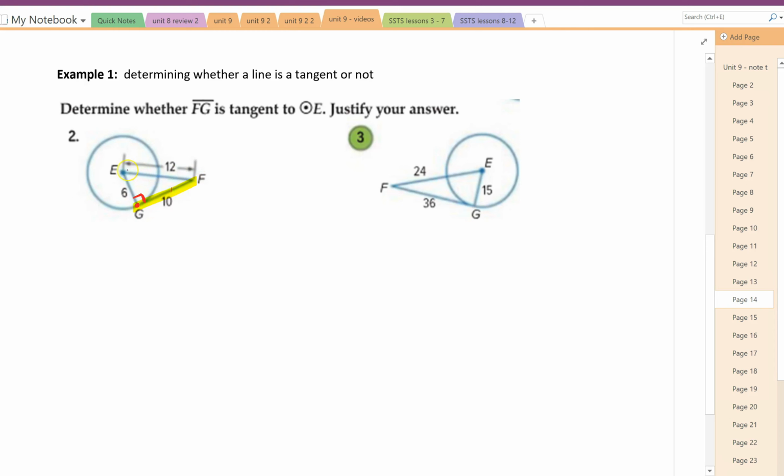If this is a right triangle, so I'm just going to write it out, if triangle EGF is a right triangle, then the three side lengths have to work in the Pythagorean theorem. Then a squared plus b squared will equal c squared. Okay?